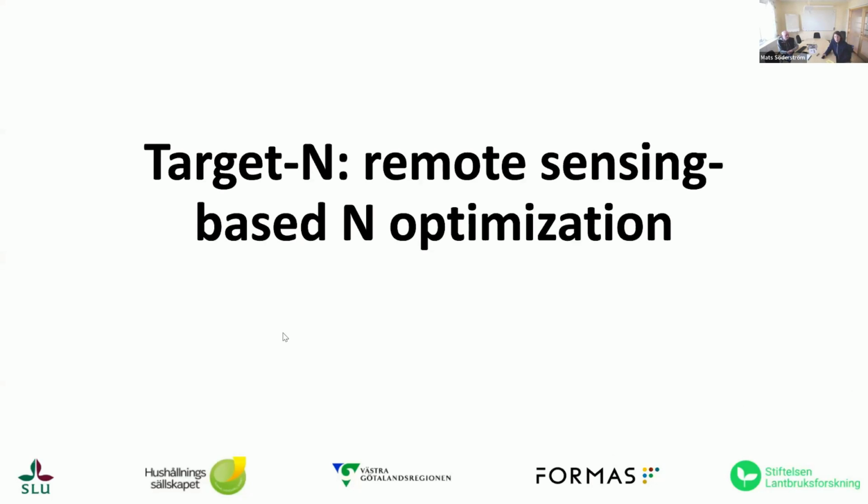In Sweden, it's common to optimize nitrogen rates to each site in the field and each year by split application, and the latter applications during stem elongation in winter wheat, for example, you make spatially.